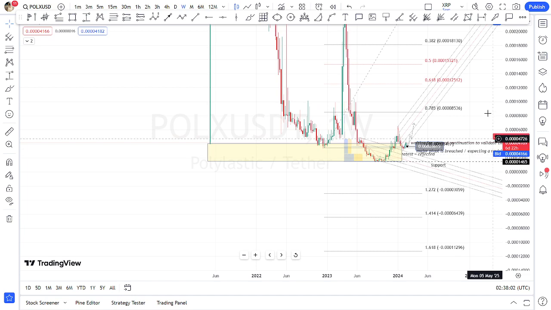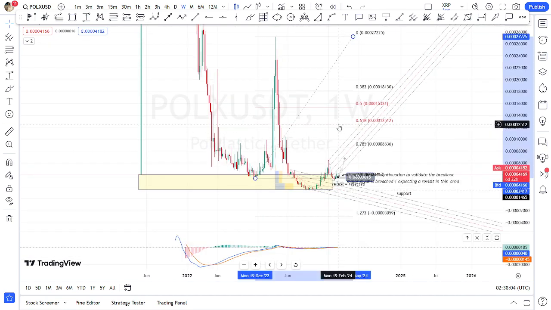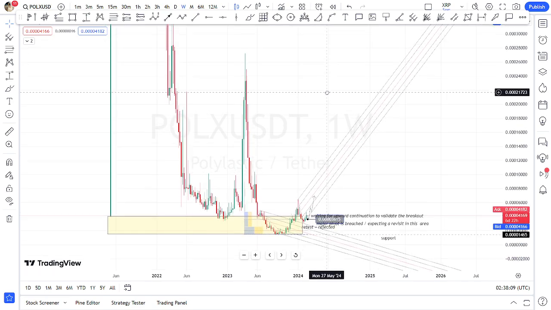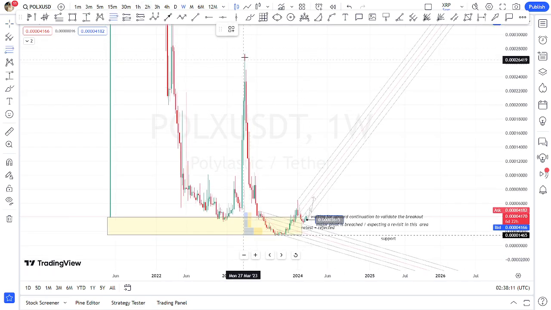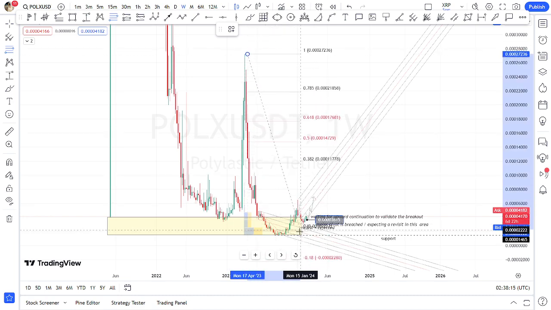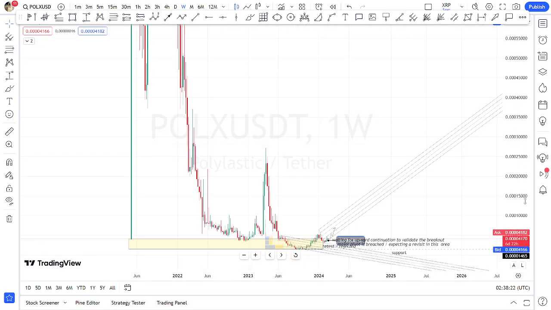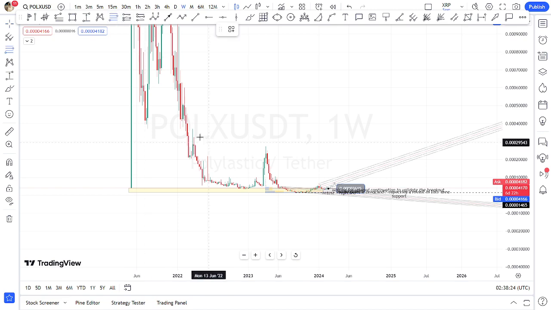And if we reverse the Fibonacci so that we can notice the precise level, we put it here, we put it at the bottom. No, no. Here.